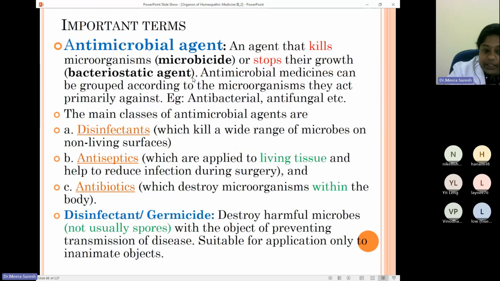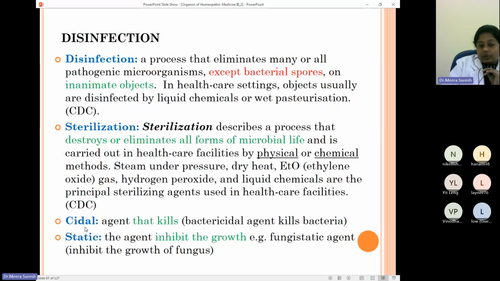Now going back to the previous slide, you can see I used the suffix cidal, which means that it kills, like bactericidal, fungicidal, or even suicidal, homicidal, which means killing.